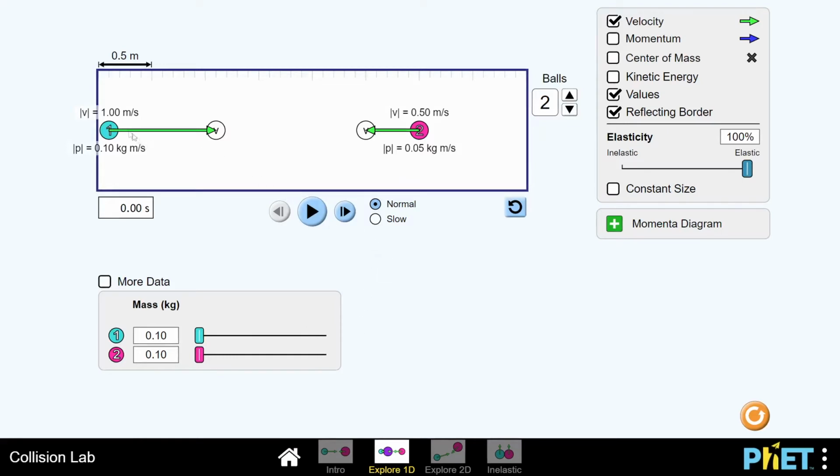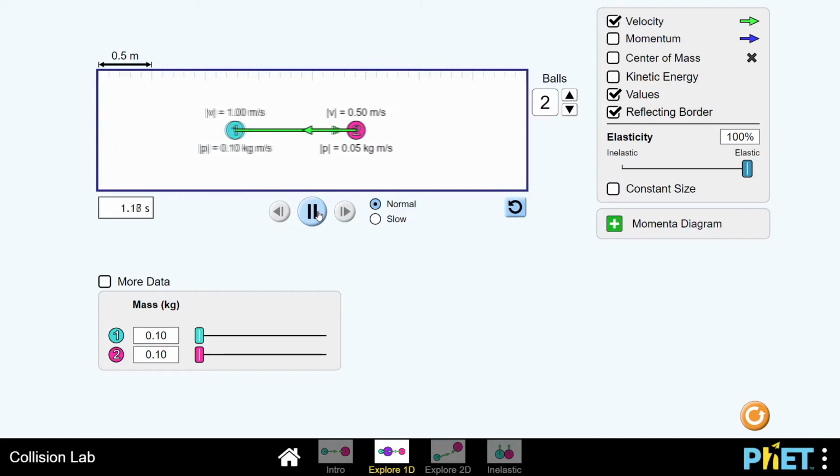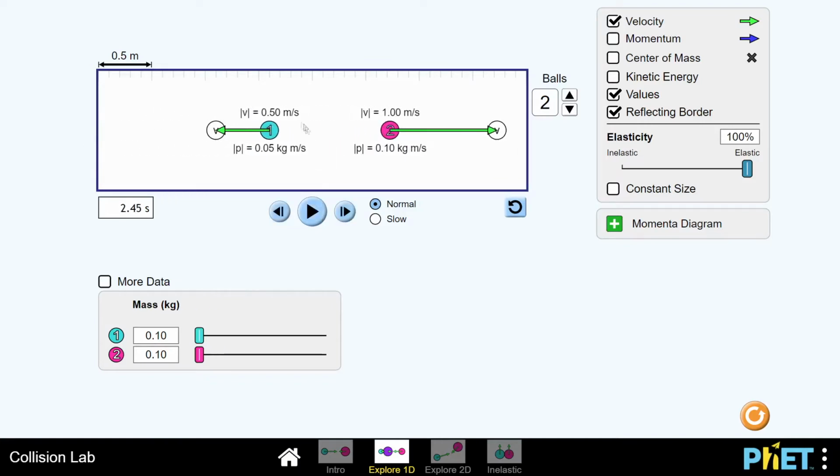So if I have two particles, this one has a speed of 1 meter per second, and this has a speed of 1/2 meters per second, and I shoot them at each other, when they collide elastically, they trade velocities. That's the first thing that we want to make very clear, that we have a trading of velocities when two particles of equal mass collide with each other elastically.